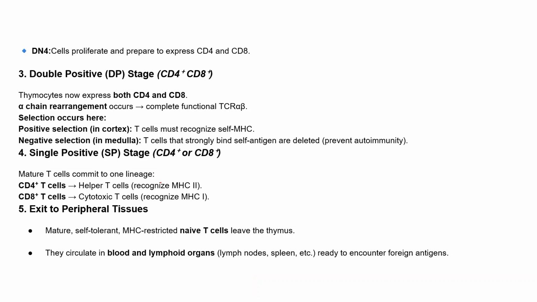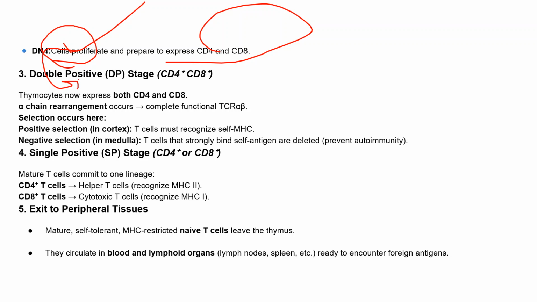DN4 is where the cells proliferate and prepare to express CD4 and CD8, then they go to the DP stage, the double positive stage. Now they express both CD4 and CD8, and a complete functional TCR alpha beta will be there.